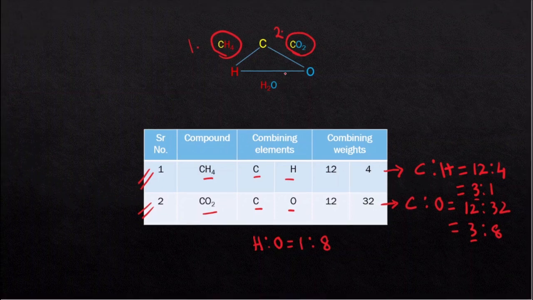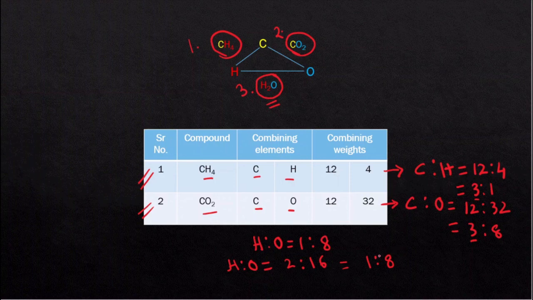Now, hydrogen and oxygen combine together to form this third compound. Let's look at the mass ratio of hydrogen and oxygen. From here, it is clearly seen the mass ratio is 2:16, which upon reduction comes as 1:8.